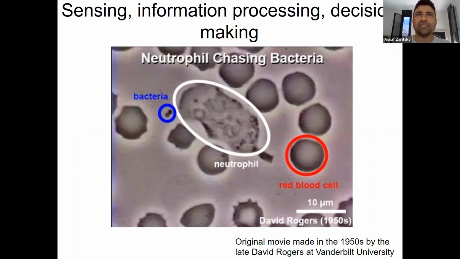And even a simple creature like a bacteria can sense that a neutrophil is chasing it, decide to move in different directions, and organize its internal structure. Such complex information processing, decision making and sensing is something that we are trying to understand in cell biology.